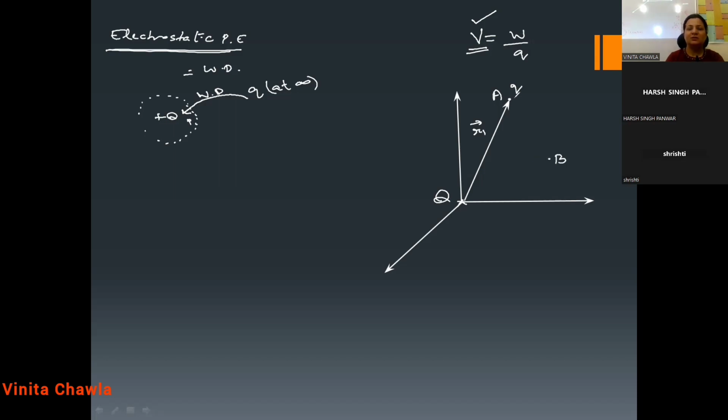So this charge moves from A to point B following this path, and it reaches point B, which is at a distance, let's say vector R2, from the source charge.